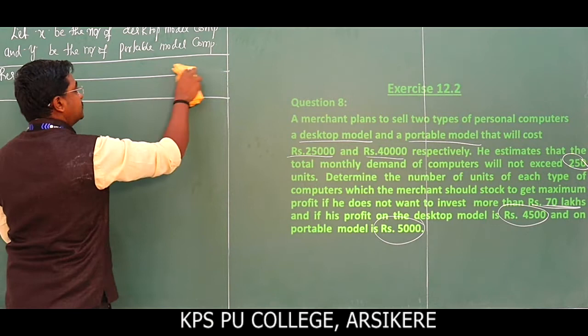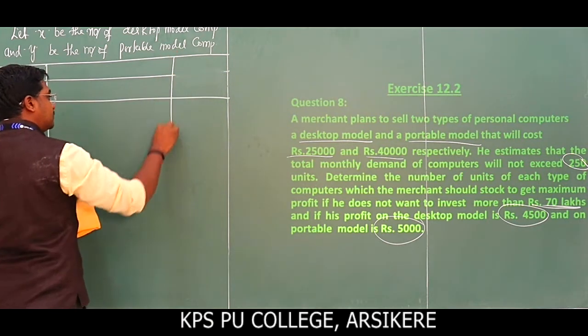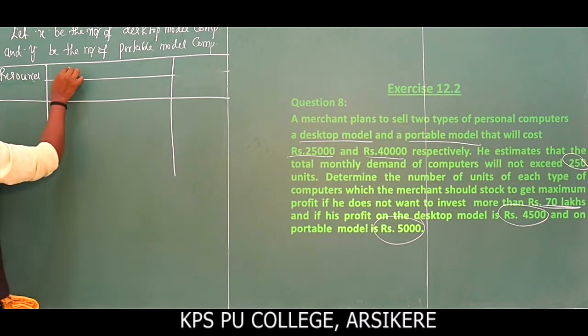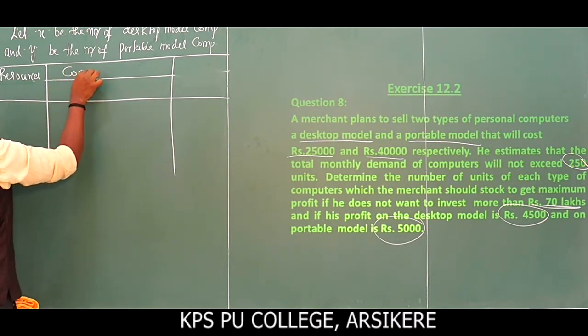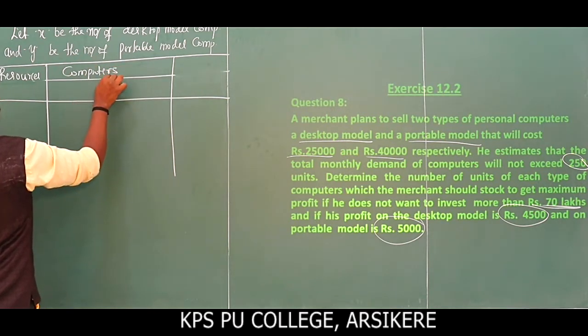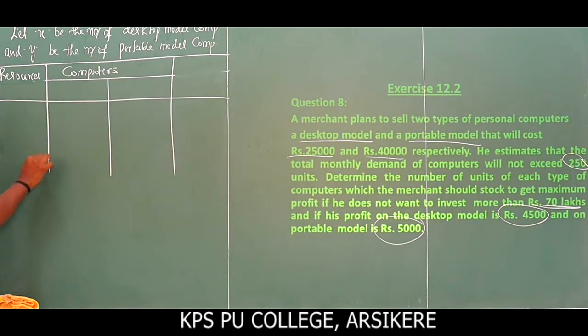The first column is resources. Under resources, we have the total number of units, the number of computers.